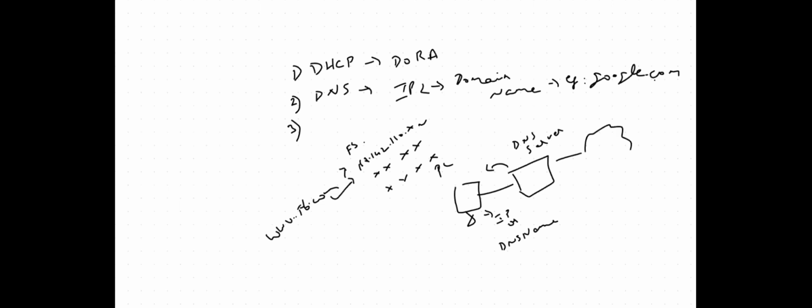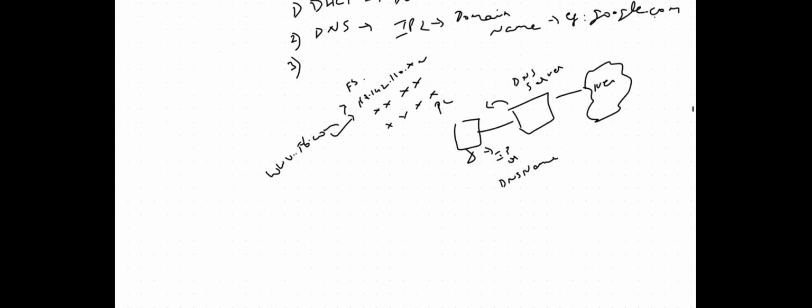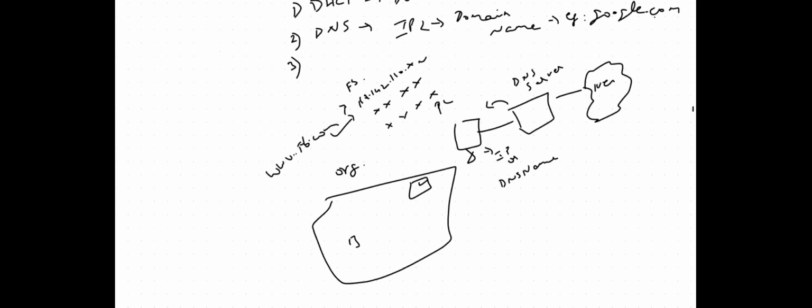You have to know where the DNS server is located. It is located either locally inside of your organization, which is fine, or if not, it is on the internet, where some DNS server will be placed.